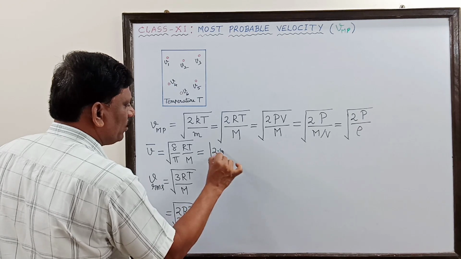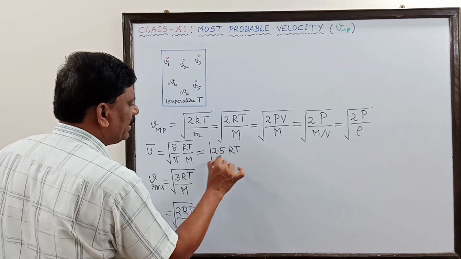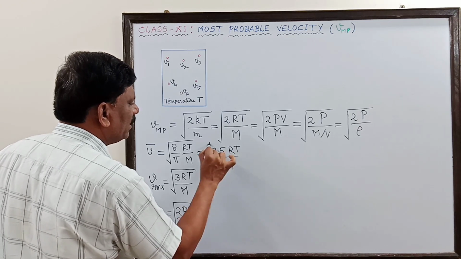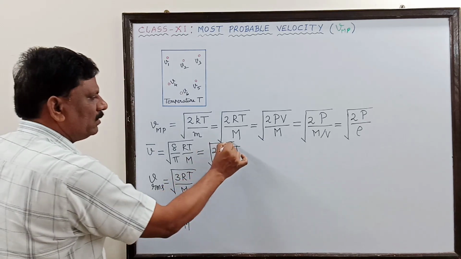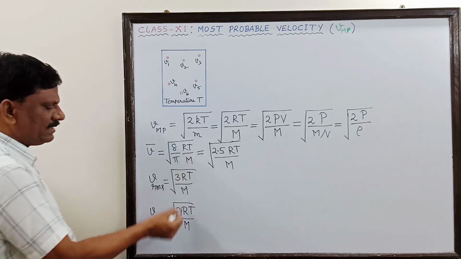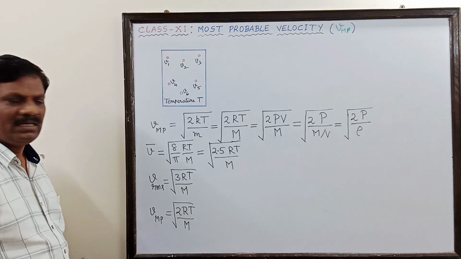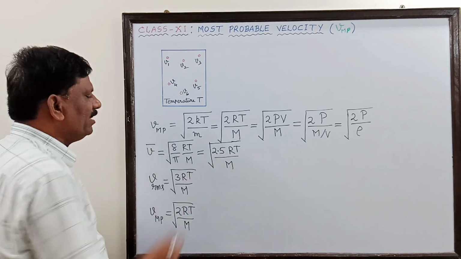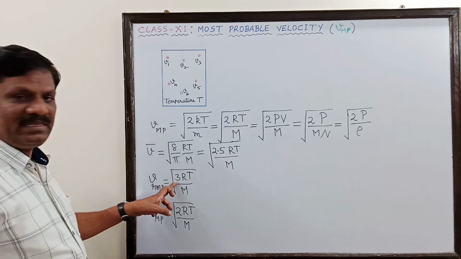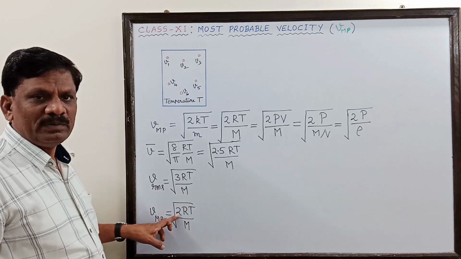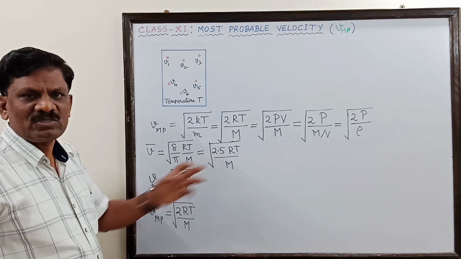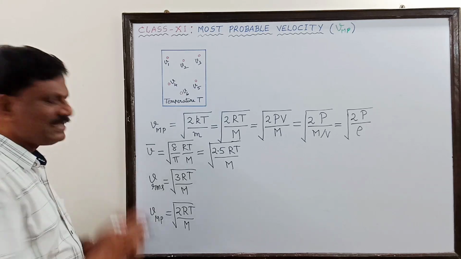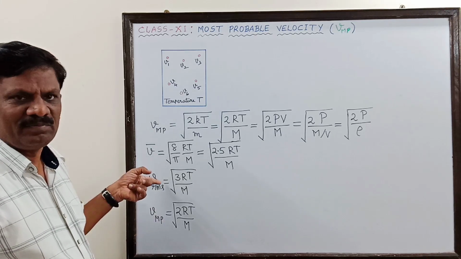So this is square root of 2.5 RT divided by M. Now this RT by M is the same in all the three, is it not? So the coefficient of RT by M, which is greater is 3, which is lesser is 2, which is in between is 2.5. So which is the greatest among these velocities is the VRMS, is it not?